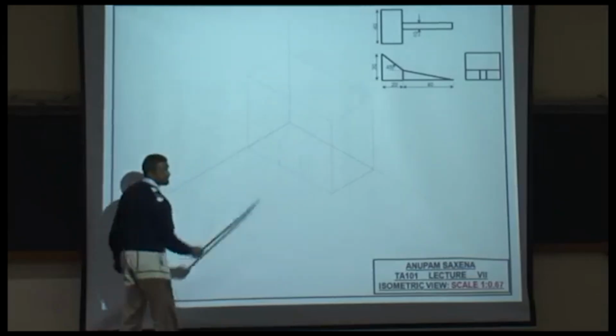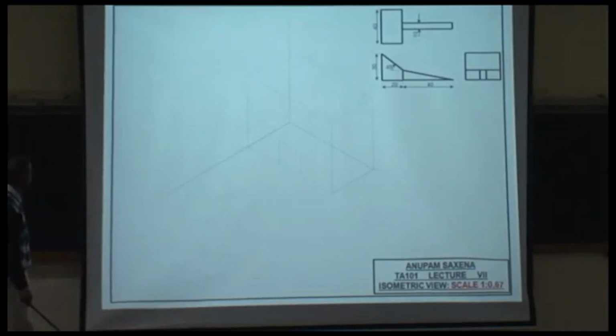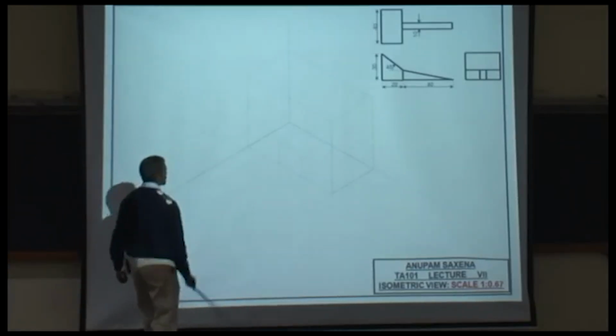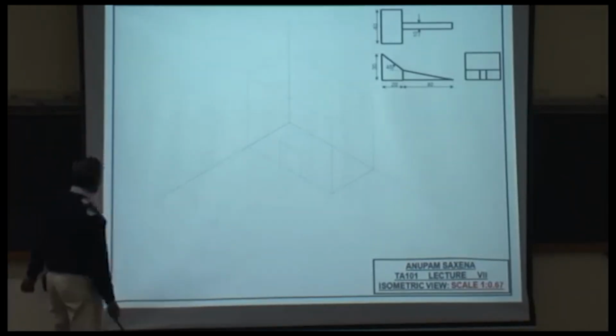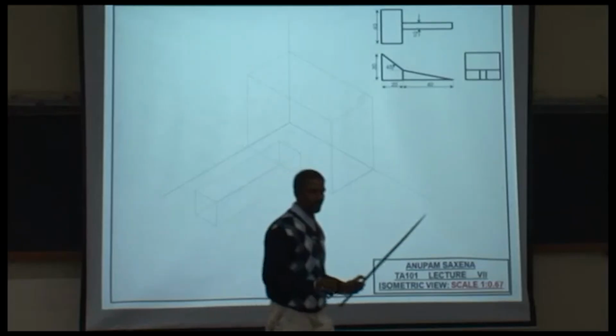This distance is also 15. Okay? Right? I join these 2 points. Likewise, I have another square here, and I join these 4 vertices to get a block within which the tapered rib is going to be. Okay?